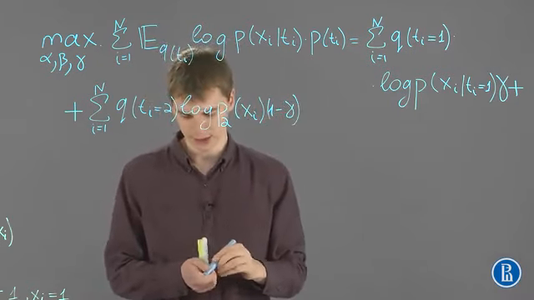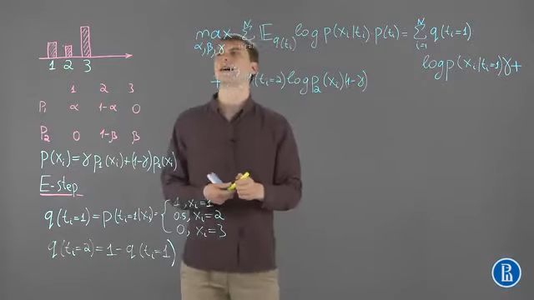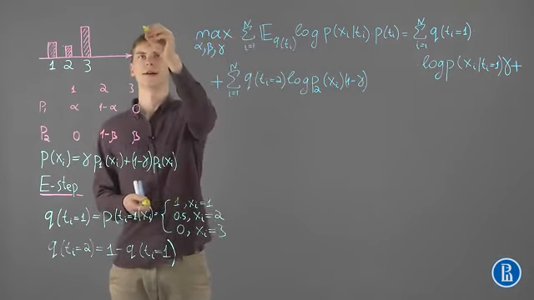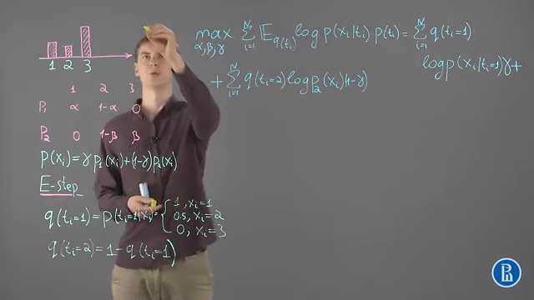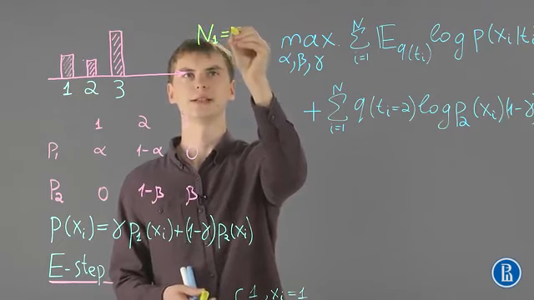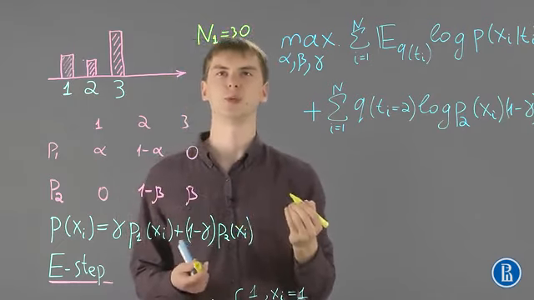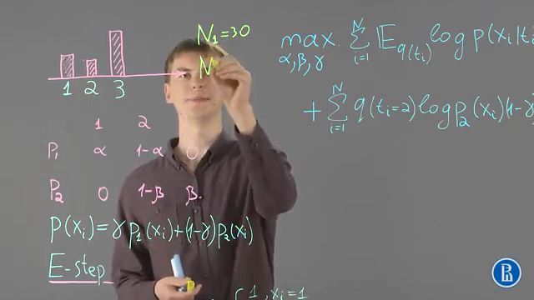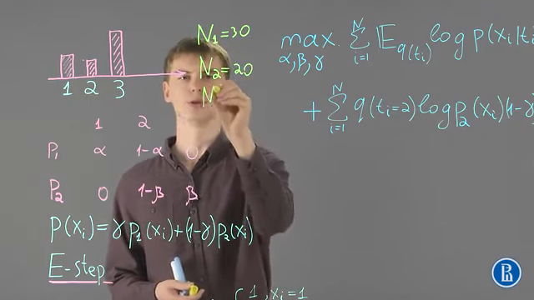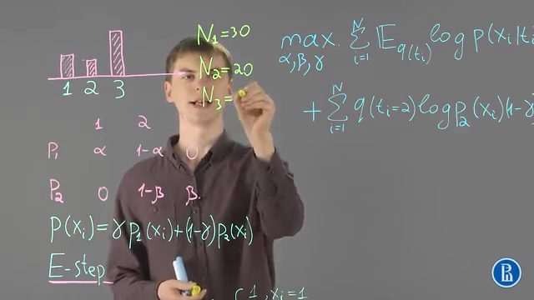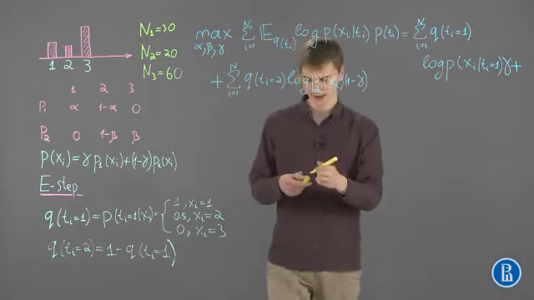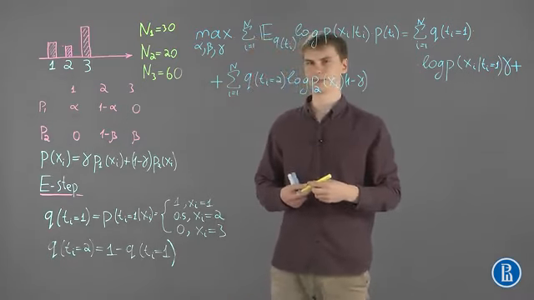Let's say that we observed 30 objects equal to 1, so N1 equals 30. It's the number of observations Xi which are equal to 1. N2 equals 20, and N3 equals 60. So this is the complete definition of our dataset. We have 30 ones and so on. And now we can proceed with this fitting algorithm.